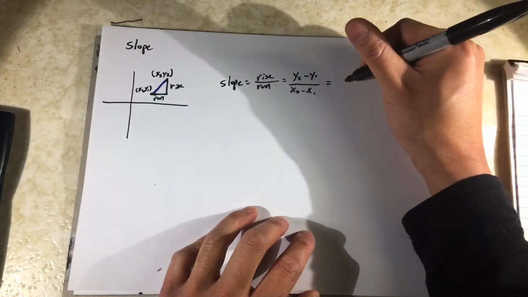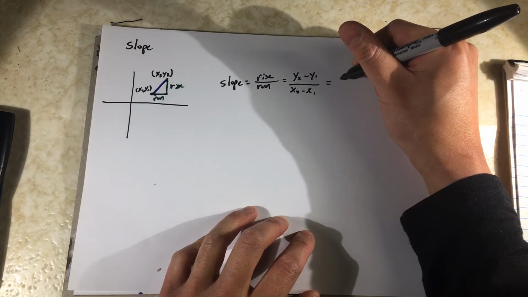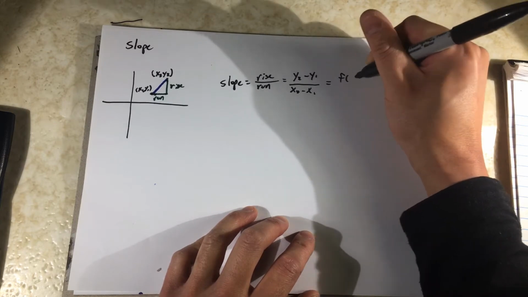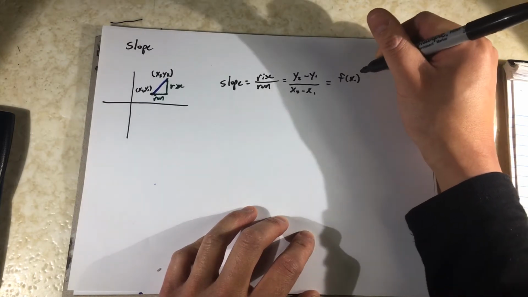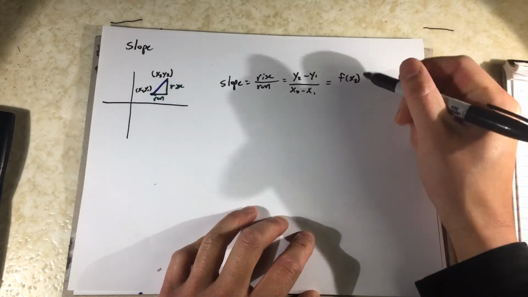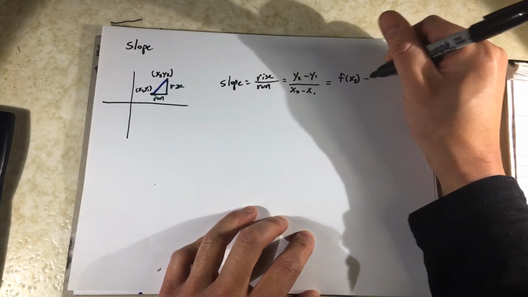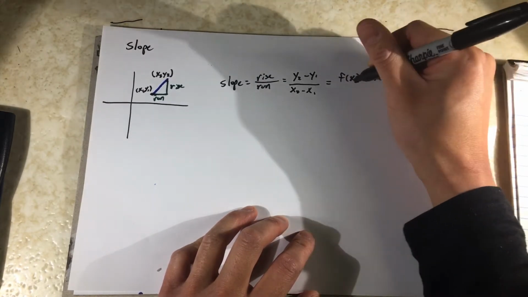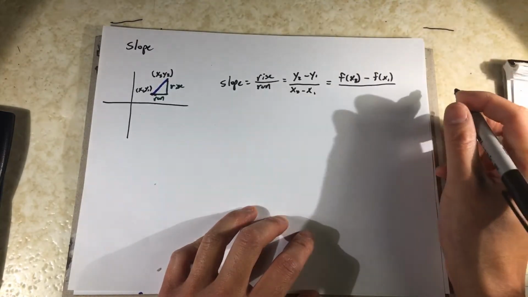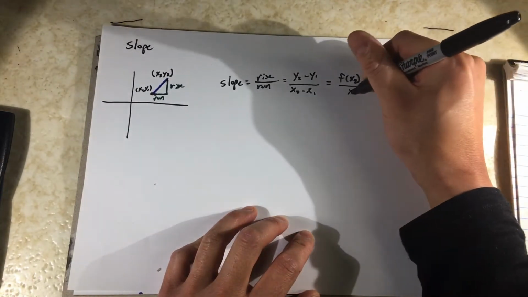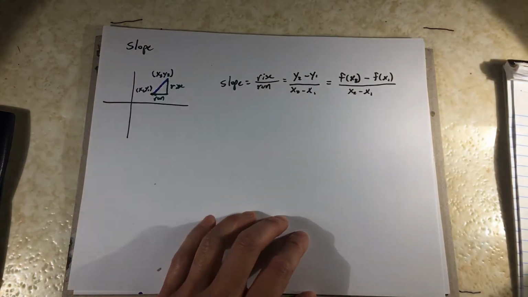Again, the way we're going to think about this is f of x2, the y value at x2, minus f of x1, the y value at x1, and then this is x2 minus x1. So that's how we calculate the slope.